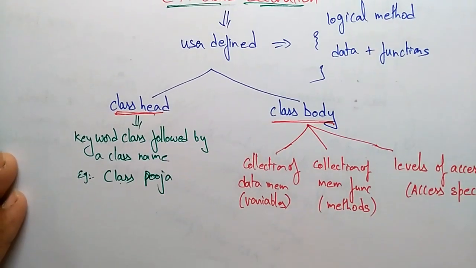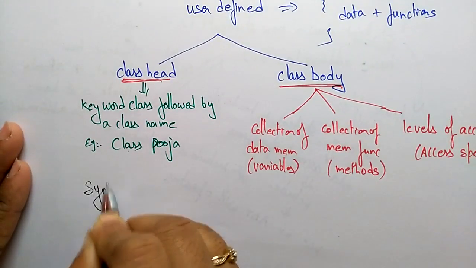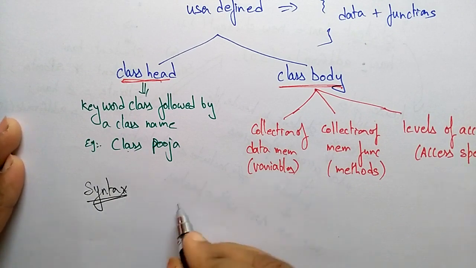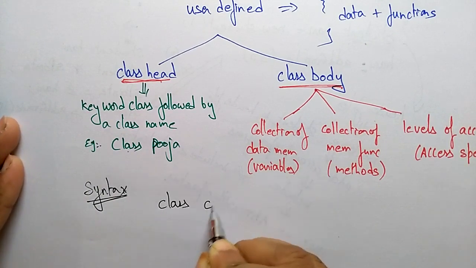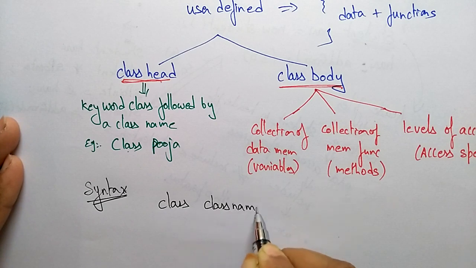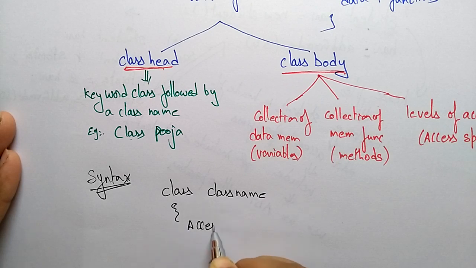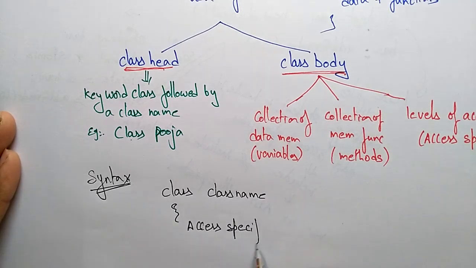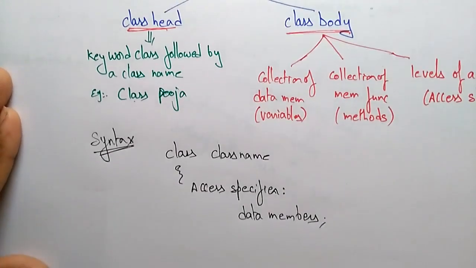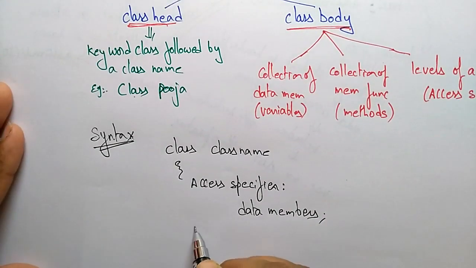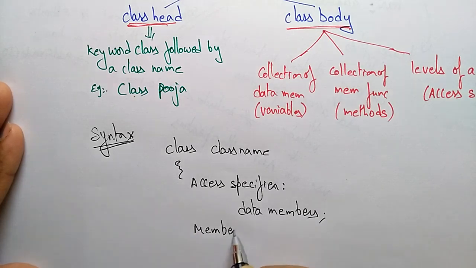So the syntax for this is: the class keyword, then just write any class name. Within the class you have the access specifiers for the data members, and after the data members you can write the member functions.